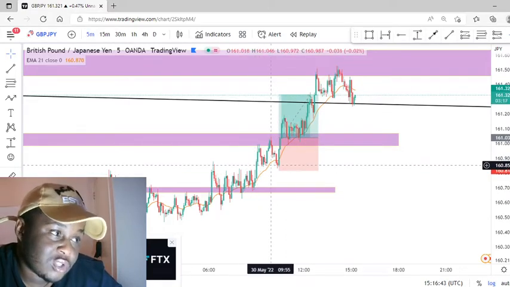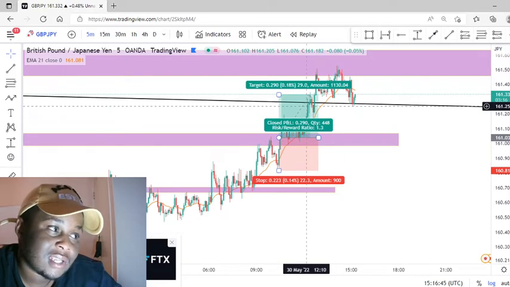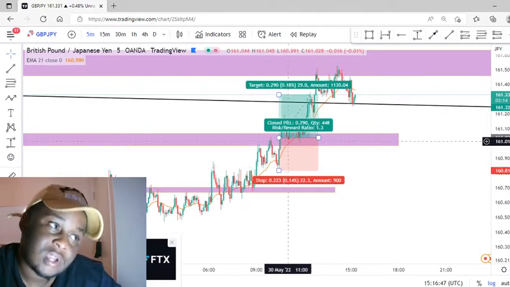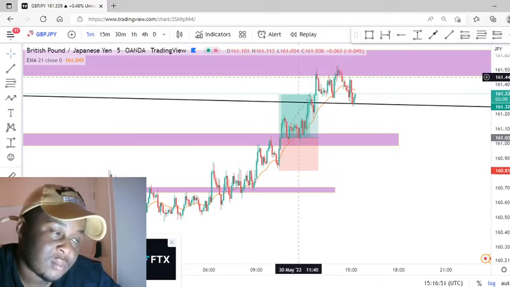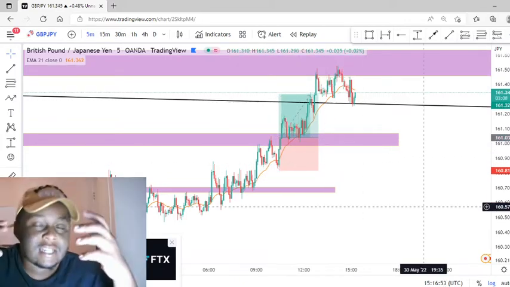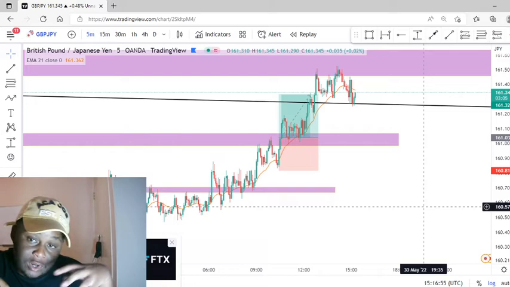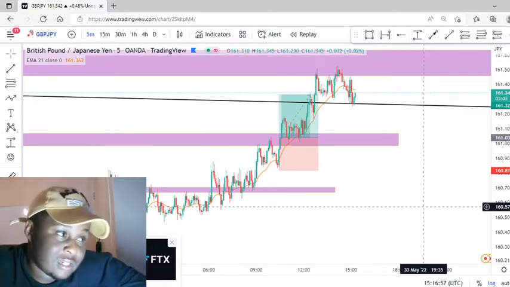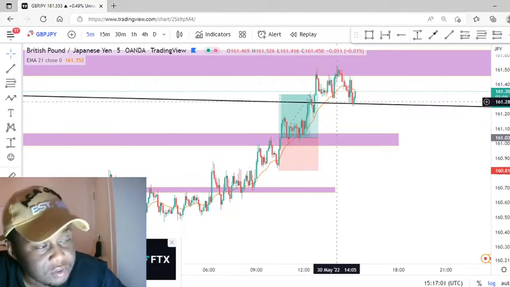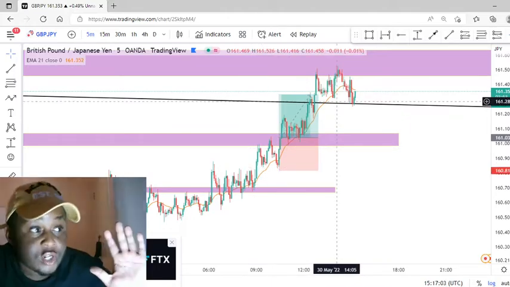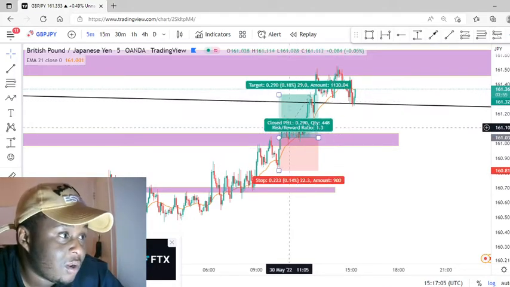This is a double bottom in a trending market. It's trending upwards, with 2 bottoms in a trending market. Basically, that's what I think is happening in the larger time frame.